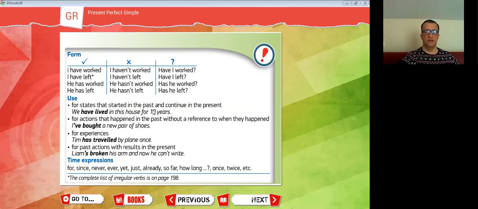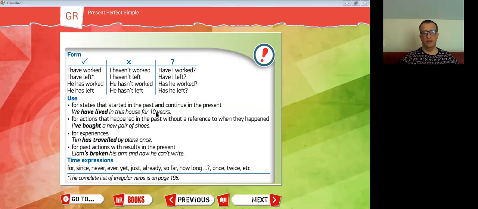But at this particular moment, it is 10 years. So the finish time here is 10 years. So we say it with present perfect tense, because the situation started in the past and it came up to the present.